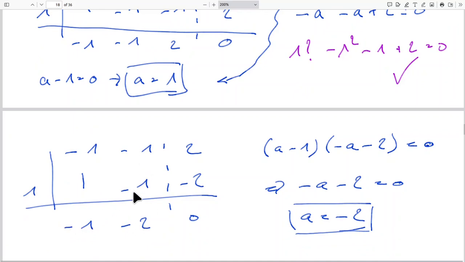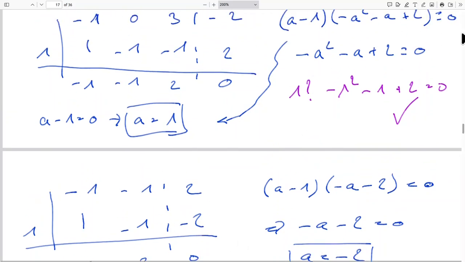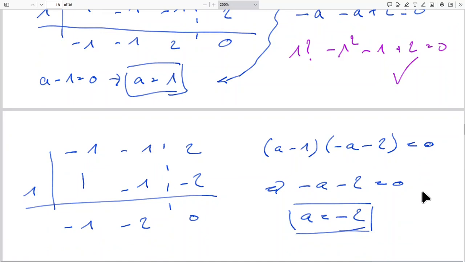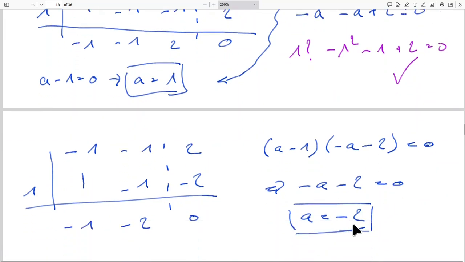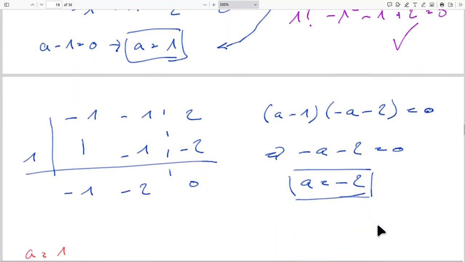Minus 1 plus minus 1 is minus 2. 1 times minus 2 is minus 2. 2 and minus 2 is 0. So you can write this as a minus 1 times a minus 1 times a plus 2. The other zero is obviously a is minus 2. So you actually have a double root: a is 1, and then the other root is a is minus 2.